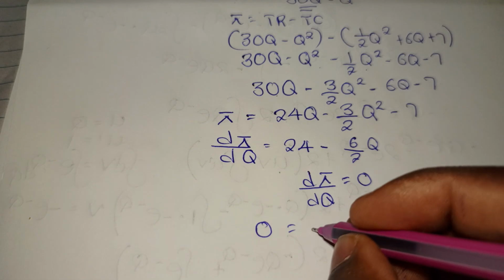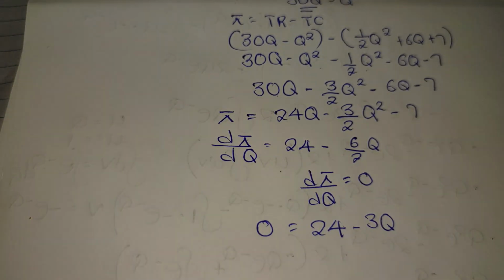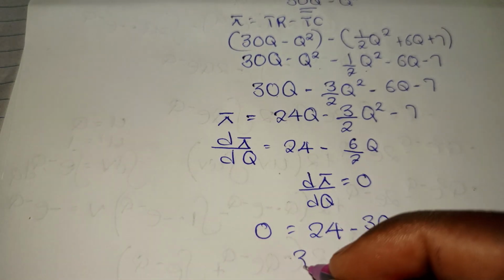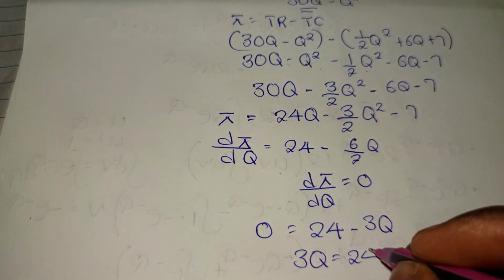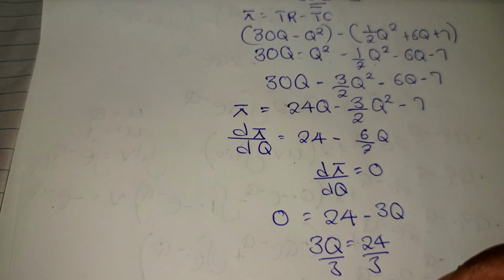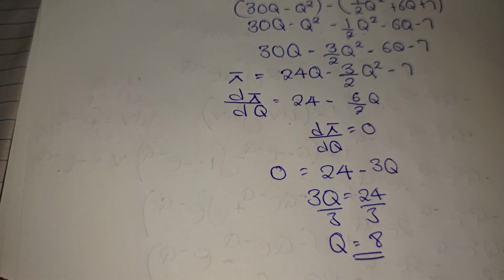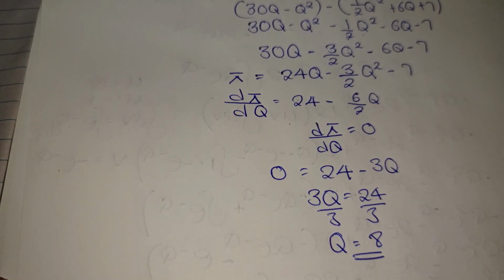So we say 0 is equal to 24 minus 3Q, where 6 over 2 is 3. Then from here we just group the like terms, where the value of Q is 8. So 8 is the level of output that maximizes profit.